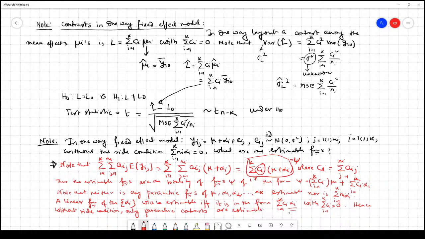Because summation Ci alpha I is estimable where summation Ci equal to 0, that means the contrast is estimable.